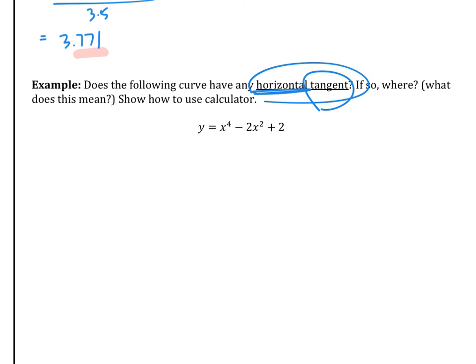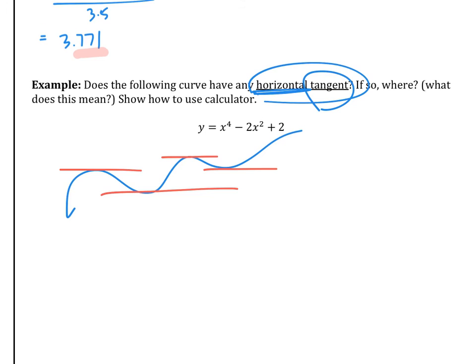Tangent, we know what that means. That means a line that only goes through 1 point. So it's really asking you, on this curve, so let's say this curve looks like this, is there any point where there is a tangent line and that tangent line is horizontal? So like this, the tangent line is horizontal.